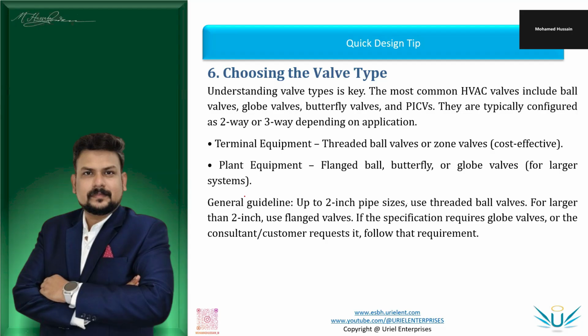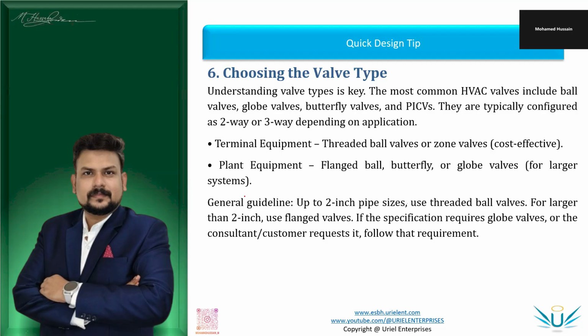In a simple way, I can recommend this. Terminal equipment means VAVs, FCUs, unit ventilators, unit heaters, AHUs, and small AHUs up to 2-inch pipe size. For these you can use ball valves or zone valves.